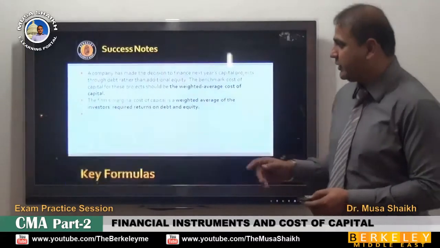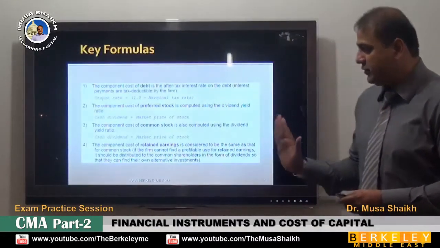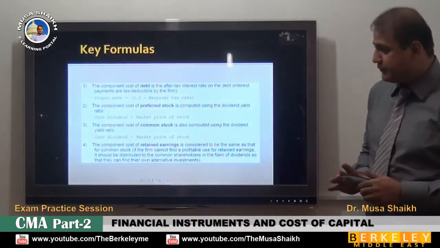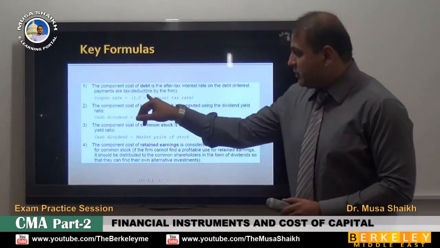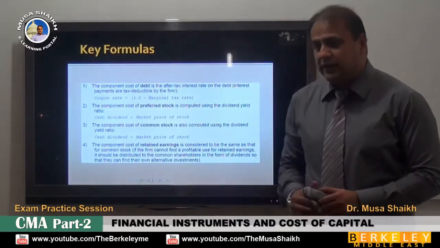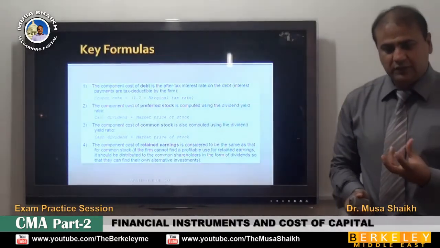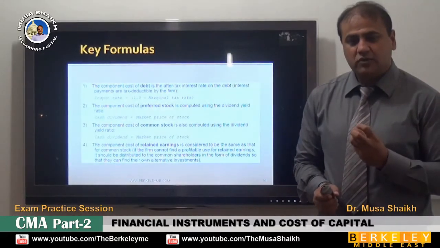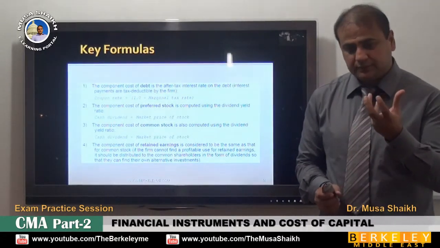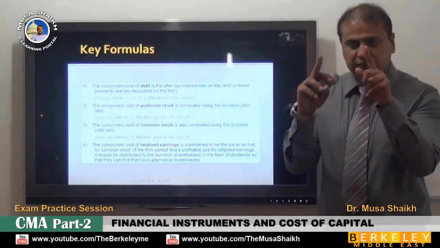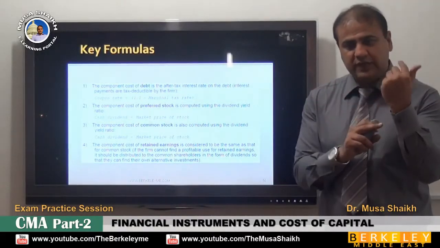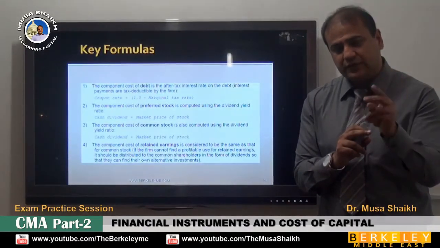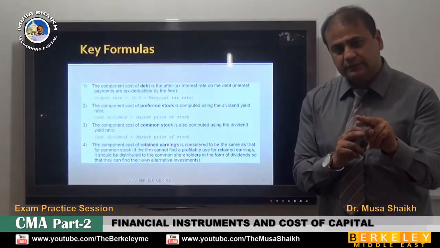This slide is important. I made it for you before I start the cost of capital questions. When we are calculating cost of equity and cost of debt, there is cost of capital. The balance sheet has a portion in which we have bonds and equity. Equity is of two types, preference and common.